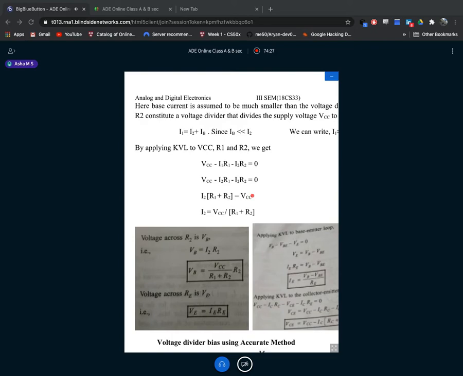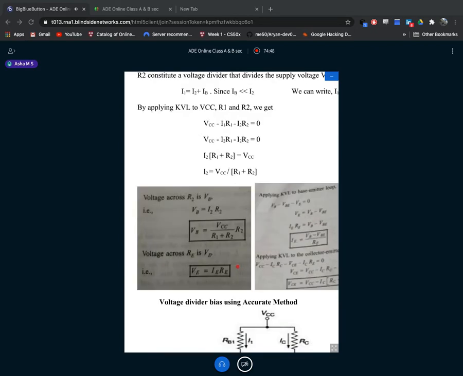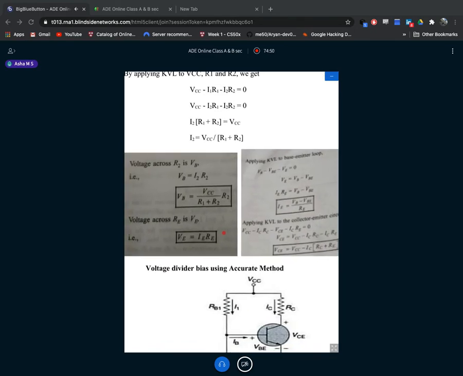Because I'm interested in I2, I push the remaining things to the denominator on the other side: I2 is VCC divided by R1 plus R2. So now I got the value of I2.